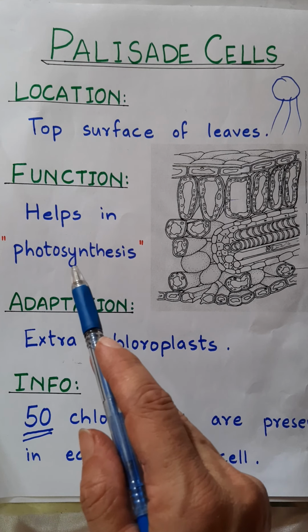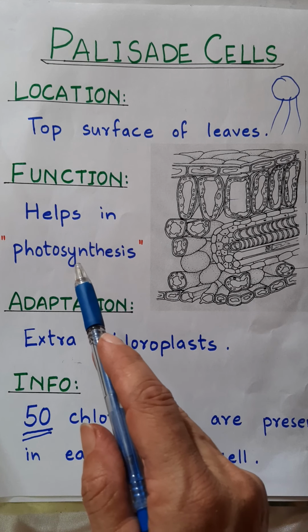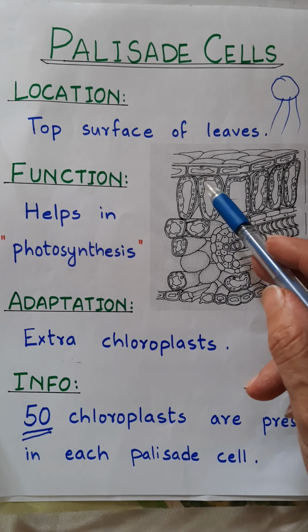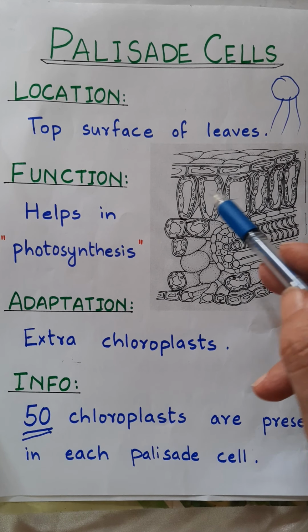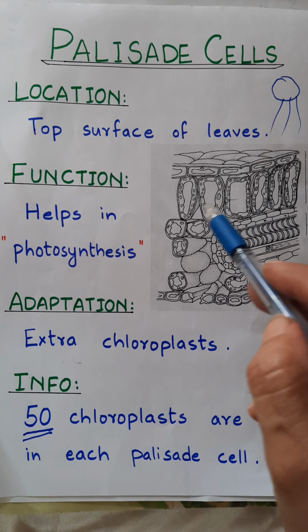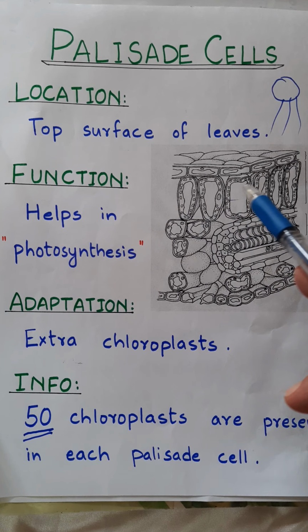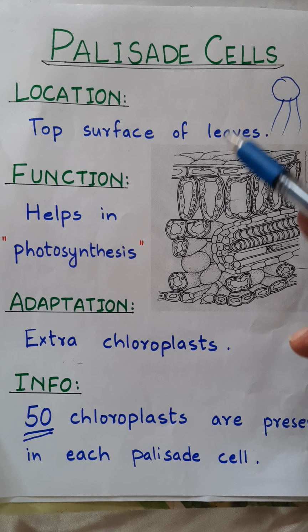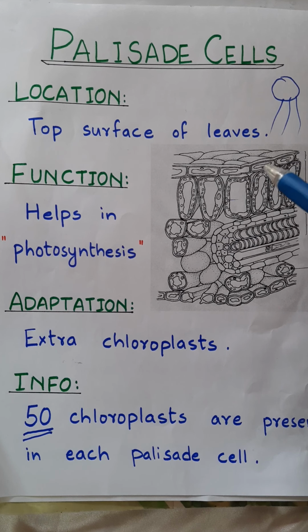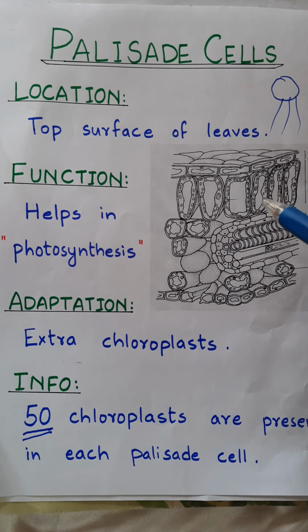Since this process needs sunlight energy, obviously these cells help in the trapping of sunlight energy, so that is why they are present on the top surface of the leaves, so that the maximum amount of sunlight energy is trapped by these cells.